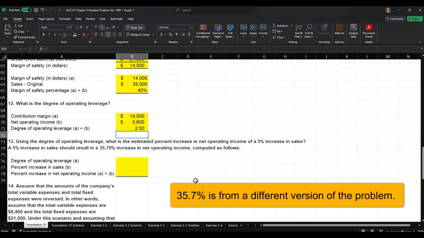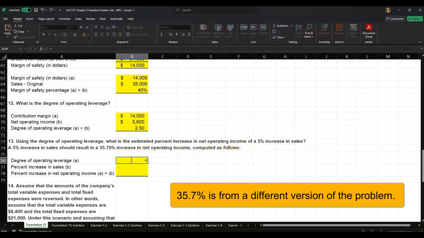Number 13 says use the degree of operating leverage. What is the estimated percent increase in net operating income of a 5% increase in sales? A 5% increase in sales should result in a 35.7% increase in net operating income, computed as follows. All right, so the degree of operating leverage, we've got a 2.5.